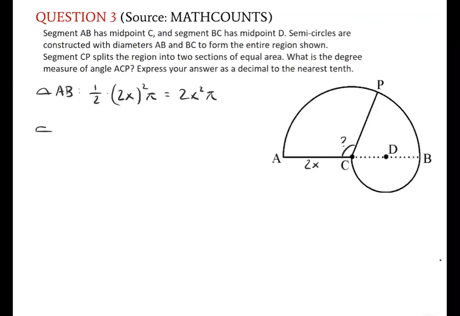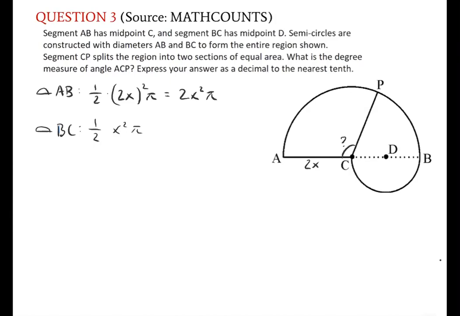And the area of the semicircle of a smaller one, the area of this one, oops, that's ugly, will be, let me change colors. BC, the area of the semicircle of BC will be half times x squared, the radius is x, times pi.